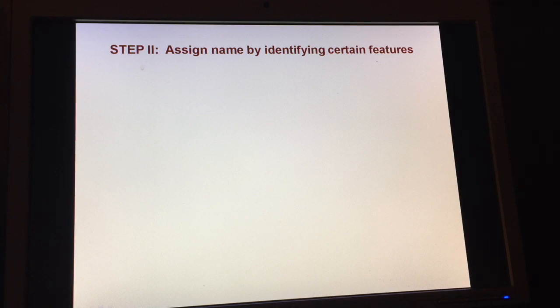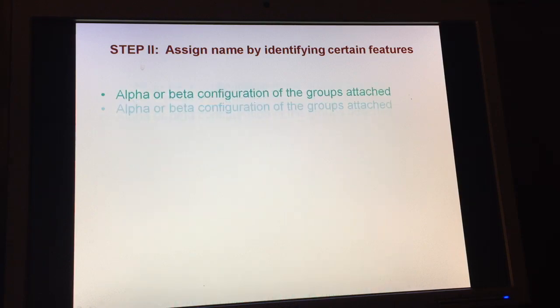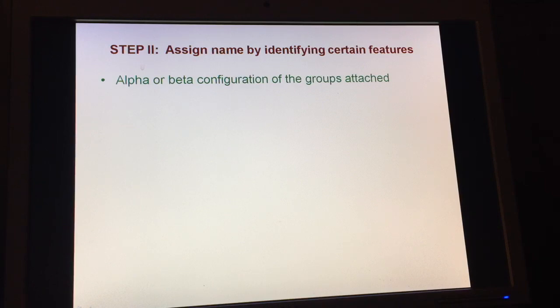We have already discussed one of the features, whether the groups are attached below the plane of the molecule or above the plane of the molecule, and we have named them alpha and beta respectively, wherein alpha represents the groups below the plane and beta represents the groups above the plane. So the first is alpha and beta configuration.